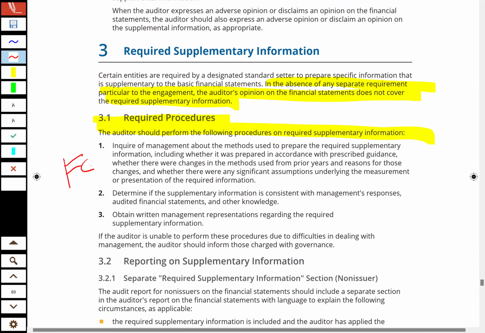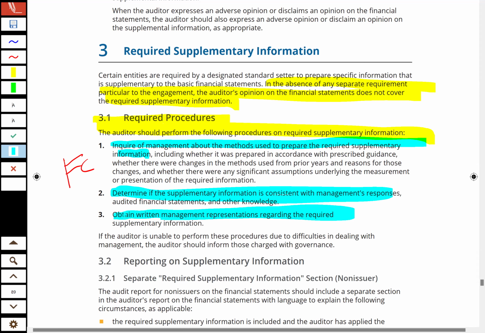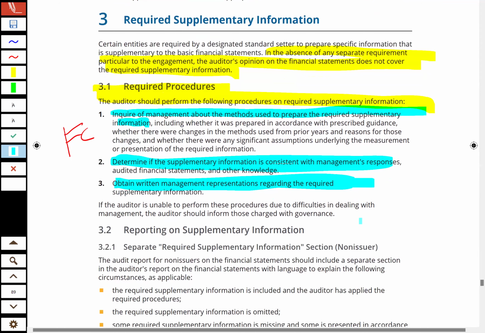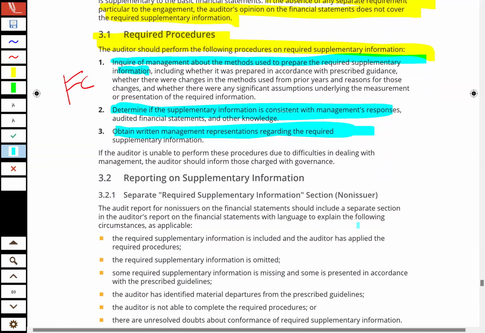You have to do this part as it relates to supplemental information. Inquire of management about the methods used to prepare the supplemental information, determine if the information is consistent with management's responses, and obtain written representation regarding that required supplemental information. Now, let's see what happens.